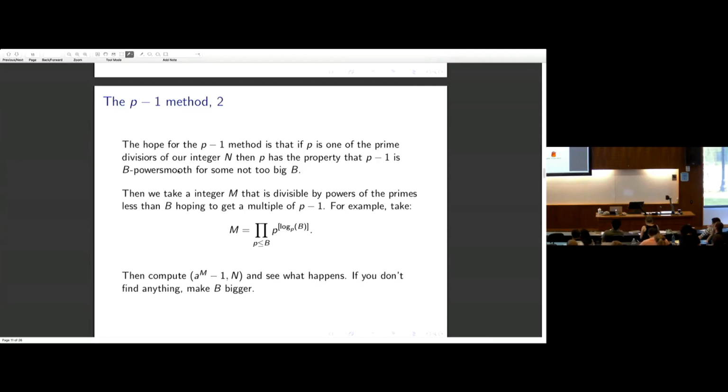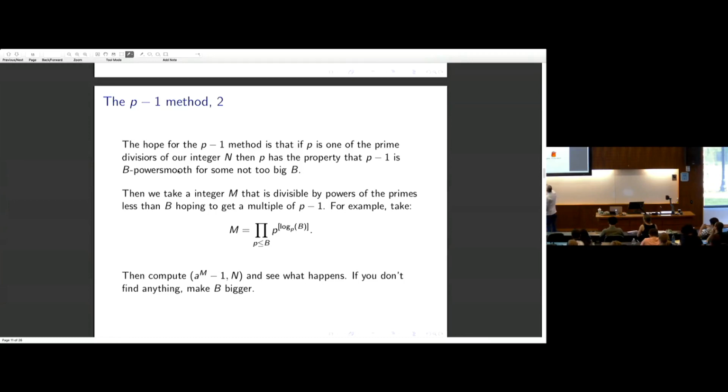That p minus 1, by some miracle, happens to be a product of a lot of small primes, not to very big powers. And if that's the case, we can take numbers m, which are cooked up to be products of small primes to relatively small powers, and hope that the p minus 1 that we're hoping to find divides that number, which isn't too big.